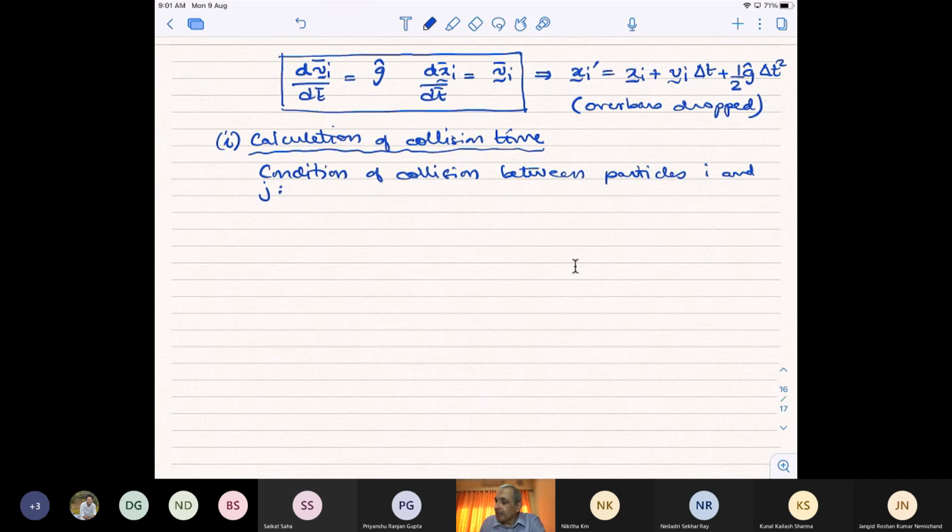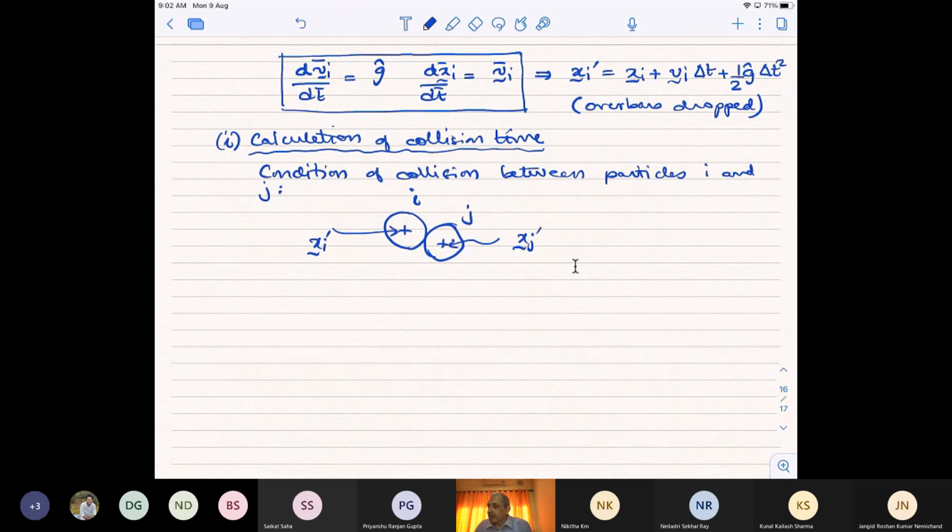And so what is the condition for collision? If we look at particle I, and let's say this is particle J, they're at the point of collision. The position of the center here is xi prime, and this position is xj prime.